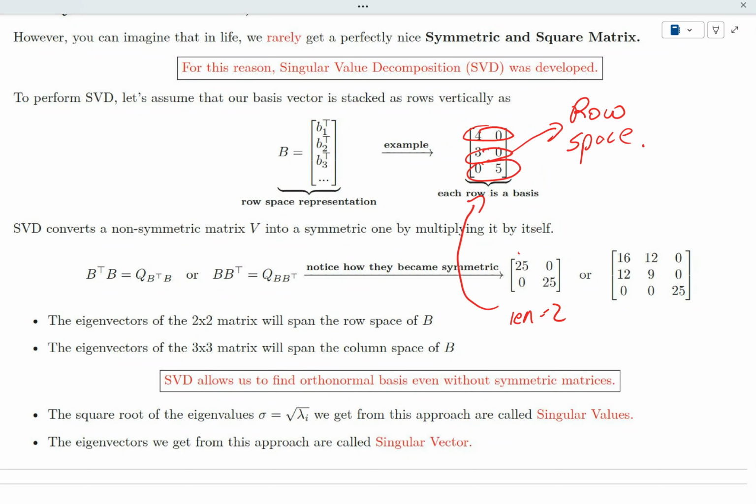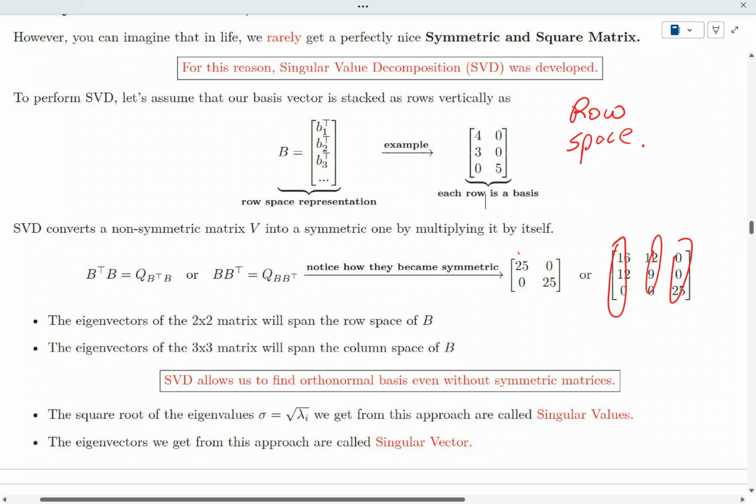But if you multiply the other way, now the eigenvectors are length 3, as if you treat these as the vectors. So now the eigenvectors are 3-dimensional. You can get the eigenvectors if you treat the matrix as either row space or column space. Either way, you can get both of them.